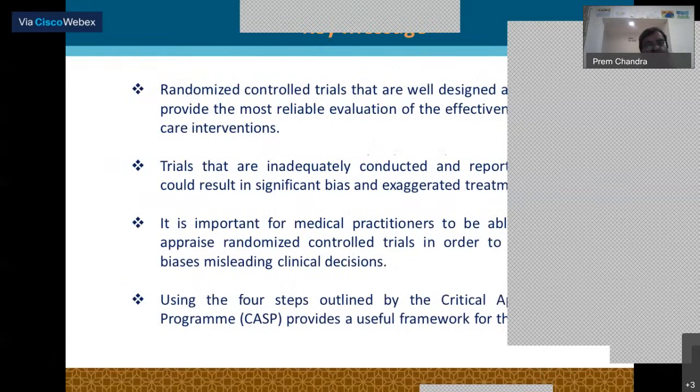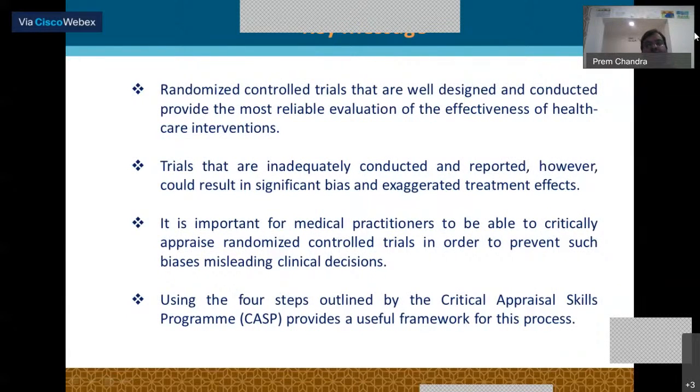So to summarize, we all know that randomized controlled trials that are well designed and well conducted provide the most reliable evaluation of the effectiveness of healthcare interventions, and trials that are inadequately conducted and reported could result in significant bias and exaggerated treatment effects. So we have to be very careful about that.